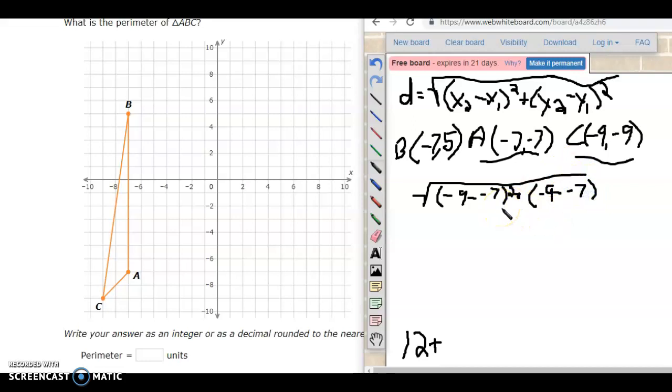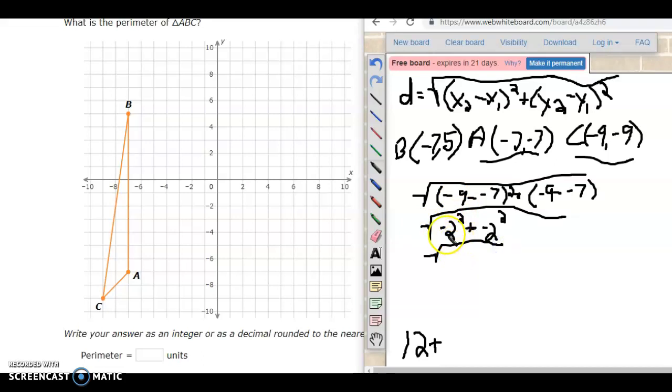I'm going to start within my parentheses for each one of these. So I have -9 minus -7, which gives me a -2. Now I have square root, -2 squared, plus, over here I also have -9 minus -7, so it gives me again a -2 squared. -2 squared, that's -2 times -2.